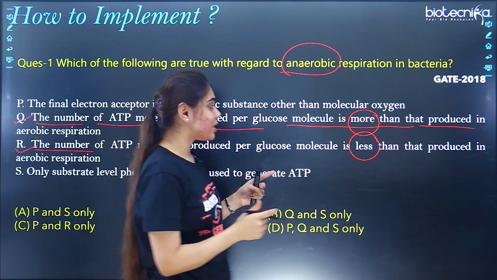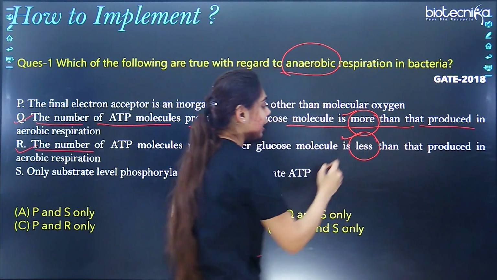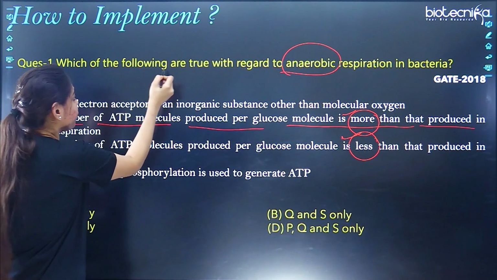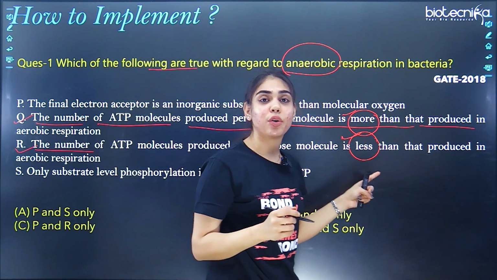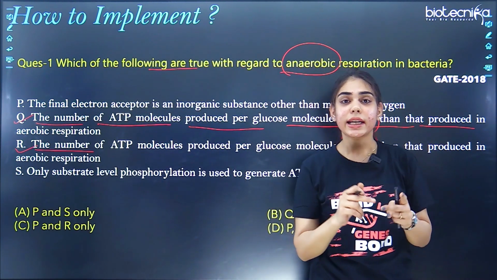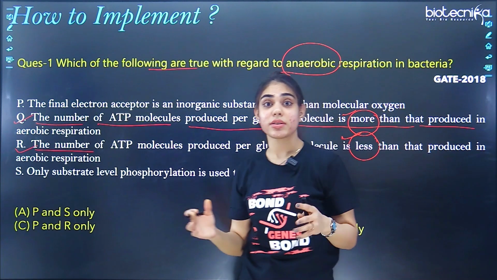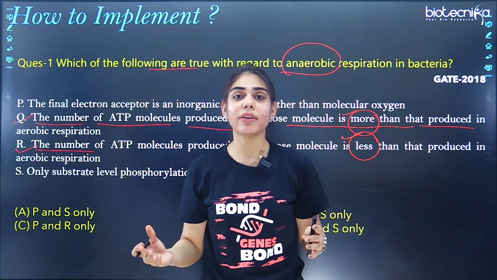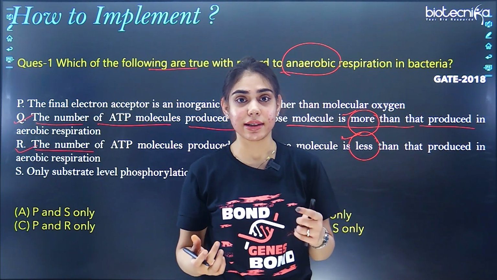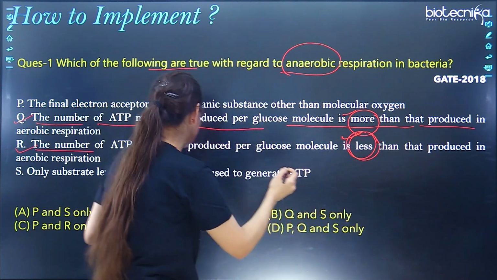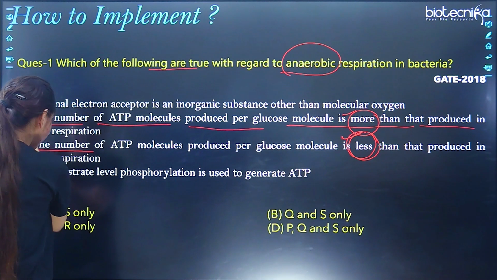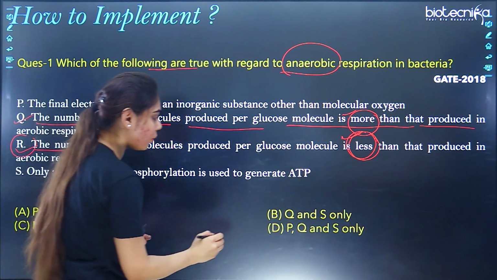So now we have to see whether it is more or less. And here, please see, we have to find the true statement. So anaerobic is always less than aerobic, because I've already mentioned that in aerobic respiration, the glucose is oxidized completely and we have high energy or ATP molecules. So in anaerobic, we have less. So it is the less option. So R, we can find R only in one option.